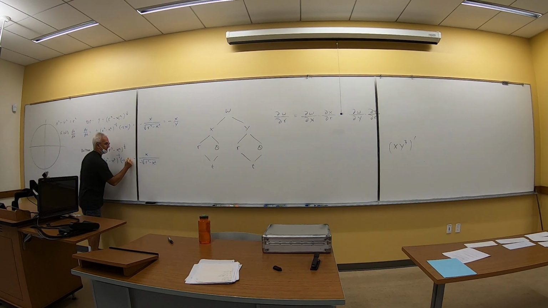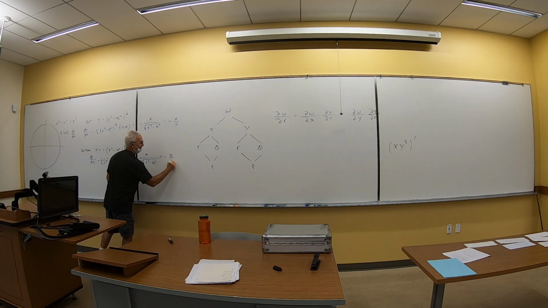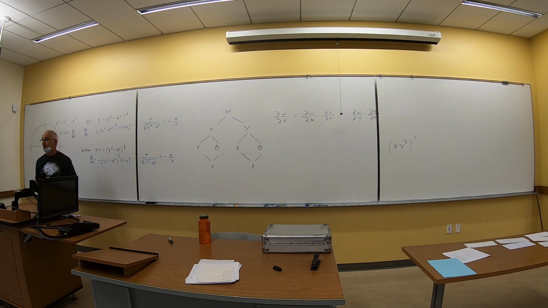Everyone see that? These are opposite signs because why would I do that? Because it's still negative x over y, isn't it? So if I differentiate the top half, it is negative x over y. If I differentiate the bottom half, it is negative x over y.